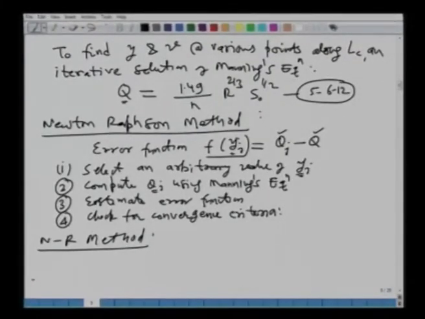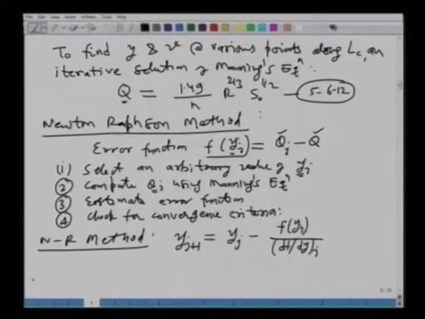As you know, it gives you the guess for the next iteration j plus 1 as the value of the variable at the previous iteration, y j, minus the value of the function at that iteration divided by the first derivative of that function at that iteration, which is df over dy in this case, at the jth iteration, and this is your 5, 6, 17.